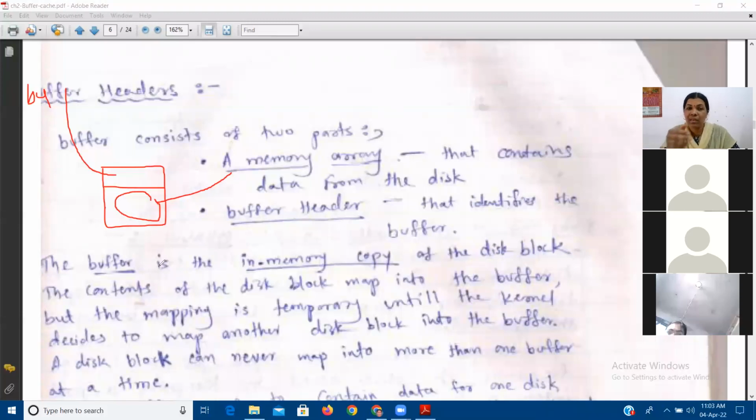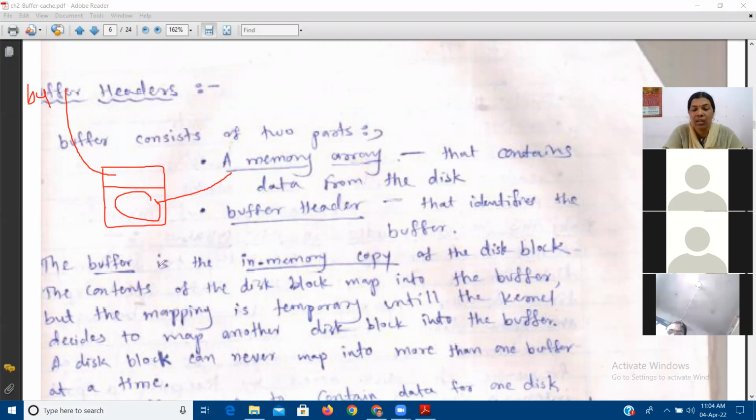But what is the buffer cache? Buffer cache is a software implementation of hardware main memory. Main memory is hardware and buffer cache is software. This is an implementation, and it happens only when the machine starts. When we shut down the machine, that concept is not there, because there will not be the concept of buffer. The buffers are initialized once the system is booted. Only then is the buffer cache initialized.